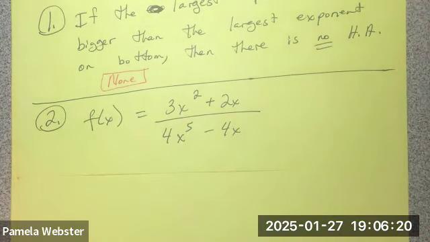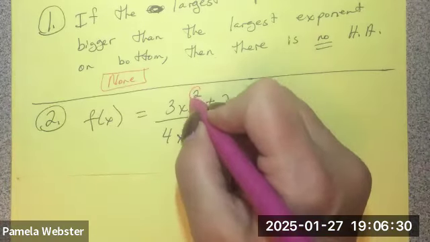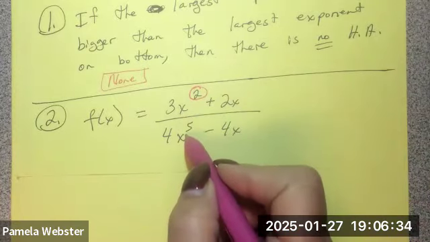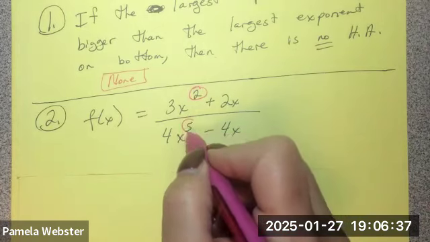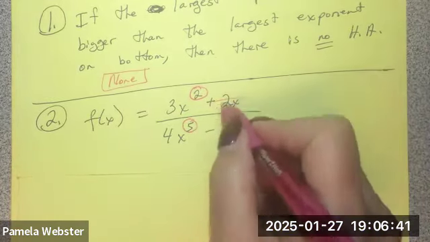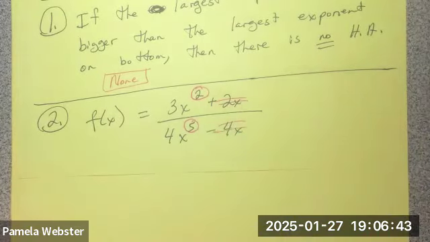Okay. And I want you to know what's going on. We're still going to compare the exponents. Okay. So look at the largest exponent on the top. What is it? It's a 2. Okay. What's the largest exponent on the bottom? It's a 5. Okay. So we don't care about this other stuff right now. Okay. We're just going to ignore it.